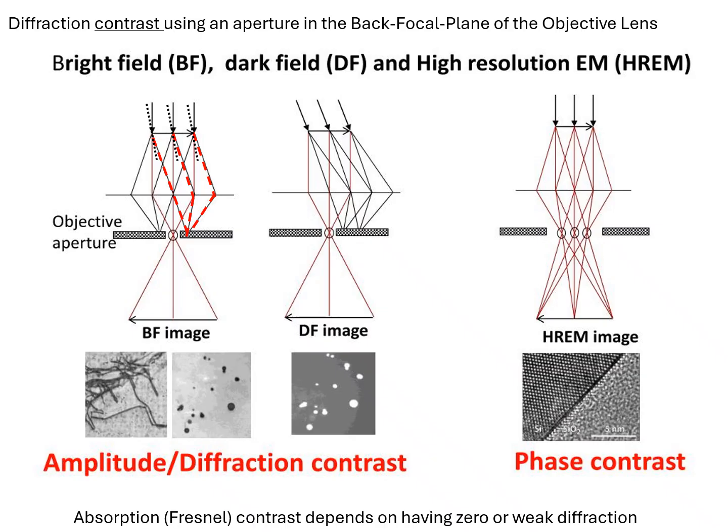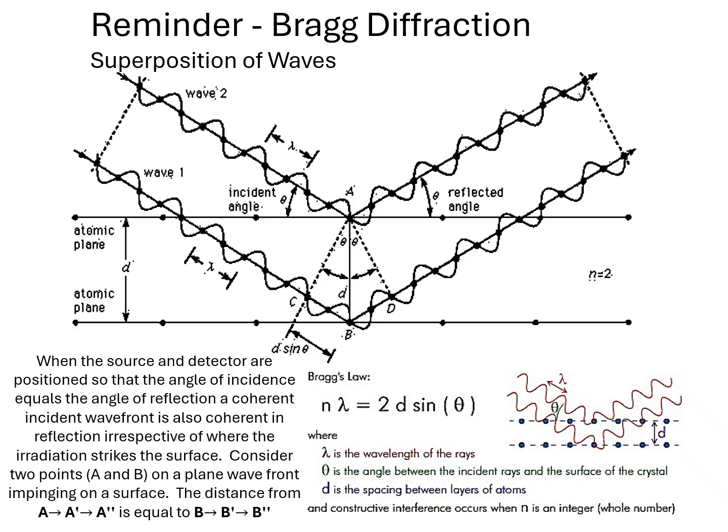And this now comes about, we have to take into account the interaction of the different phases coming at different angles in the image. So I talked about Bragg diffraction.